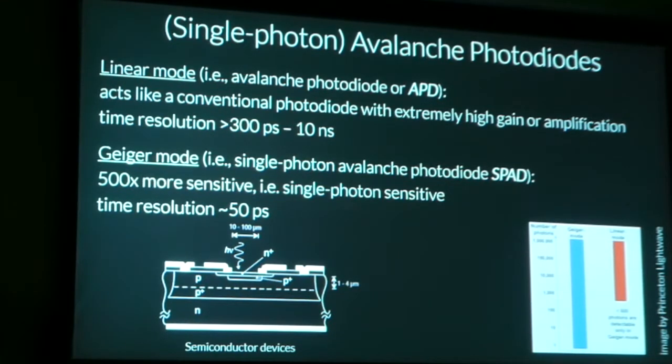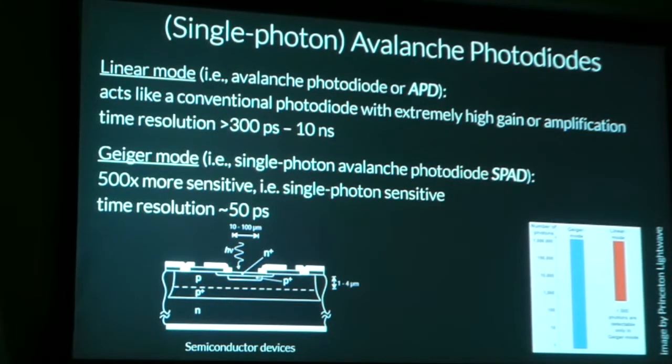The other sensor, and this is the one that I've been focusing on, is called a SPAD. The difference from an APD is that you're operating this in what's called Geiger mode. So you basically turn up the bias voltage on this photodiode so that you're in this unstable regime where even a single charge carrier that hits the surface of the sensor can trigger an avalanche of current.